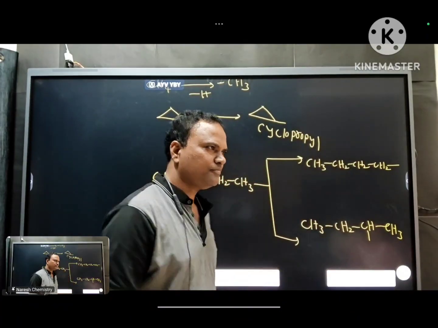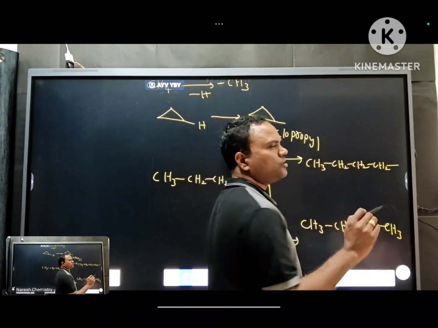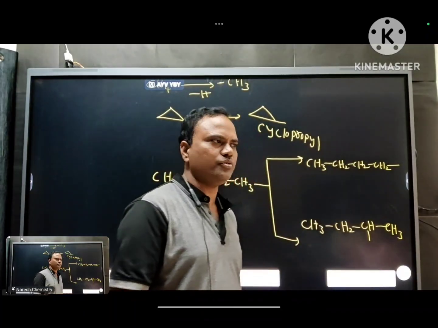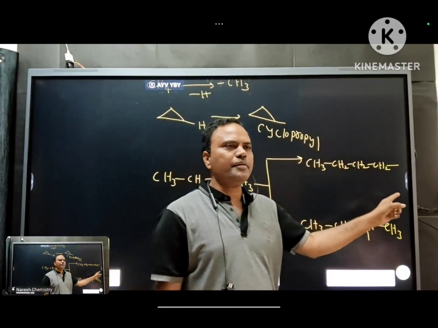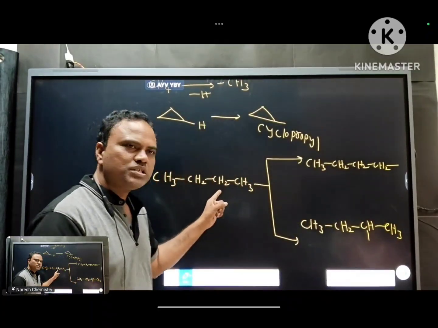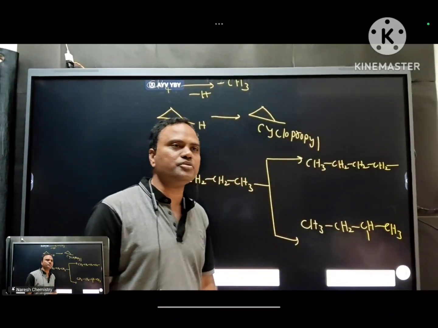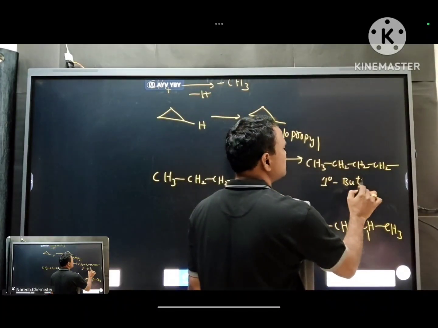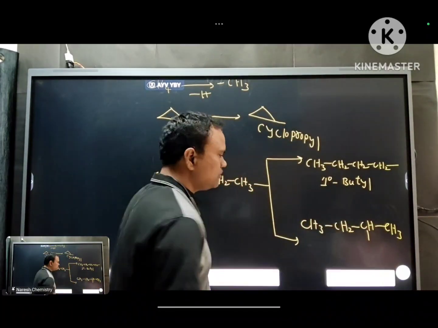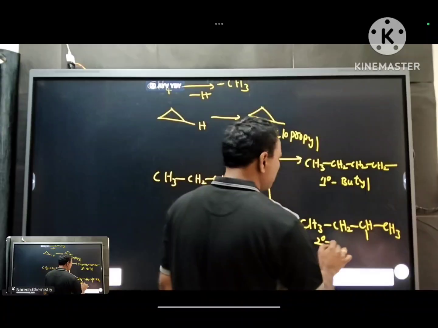Wrong answer. Secondary is correct. 1, 2 are wrong. Actually, primary we should use, because you removed primary hydrogen. So, primary butyl. You removed secondary hydrogen, so secondary butyl. Saying 1 butyl is not a correct term. Primary butyl, secondary butyl.